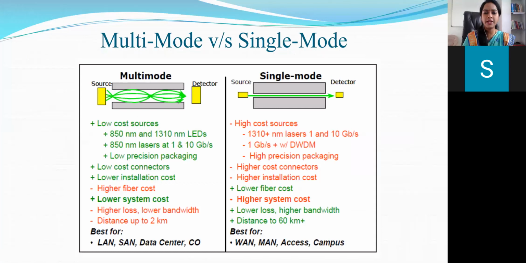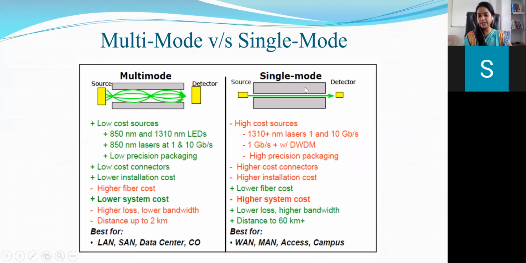Here we have a comparison of multimode versus single mode optical fiber, with many points for comparison. This is how the light travels in multimode fiber, and this is how the light travels in single mode optical fiber. We have seen that the cost of designing multimode optical fiber is very high, but single mode optical fiber can be designed at low cost.